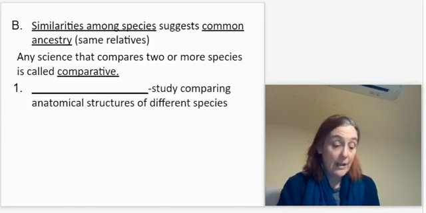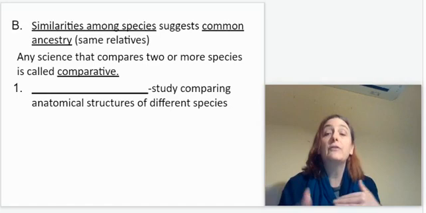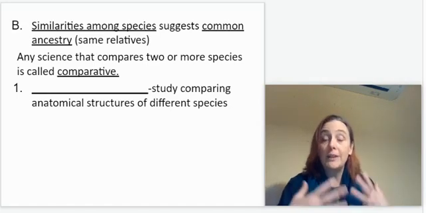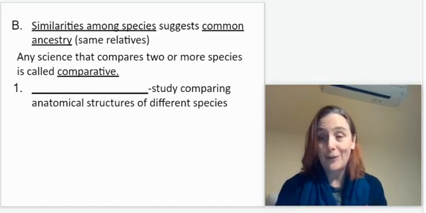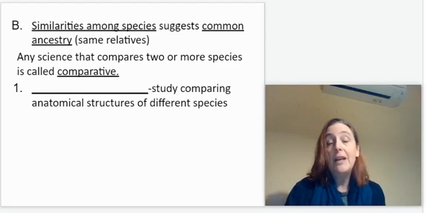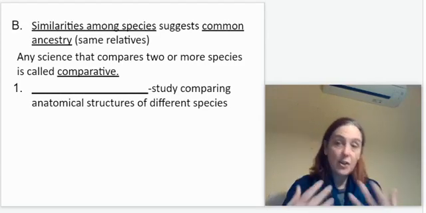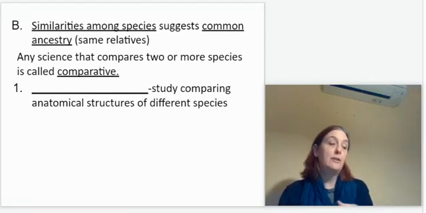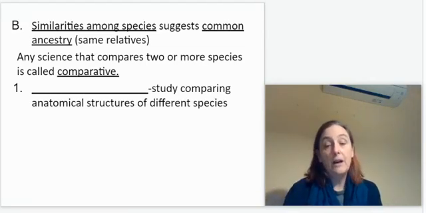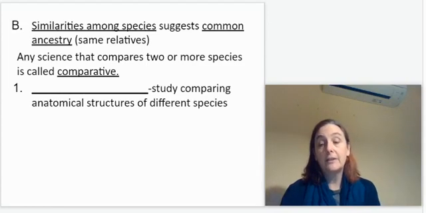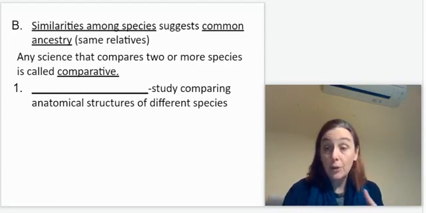So anytime that we have a science studying any particular thing, if it's looking at two different species, we're going to put the adjective comparative in front of it. So for example, if you're looking at anatomy, we did that when we looked at the digestive system and we looked at the mouth and the pharynx and the esophagus and the stomach and the small intestine. We looked at all those structures.